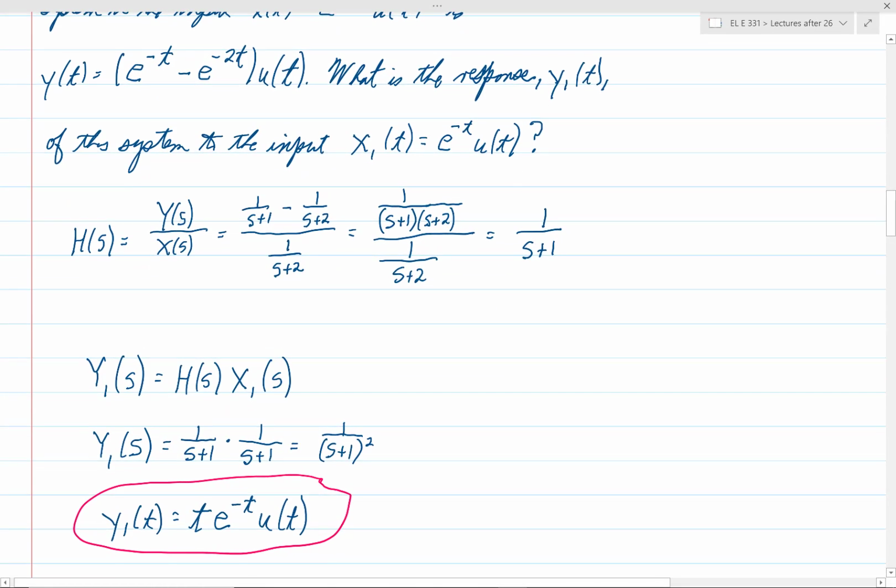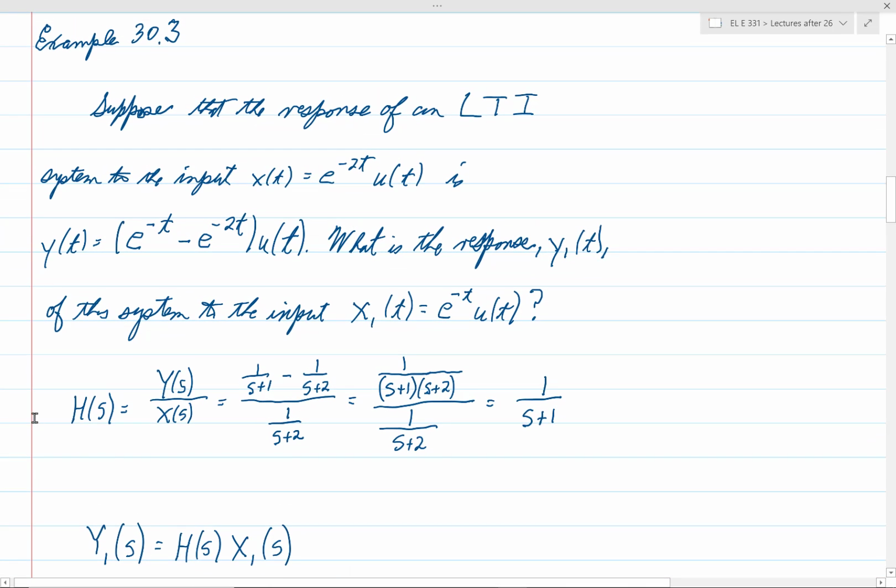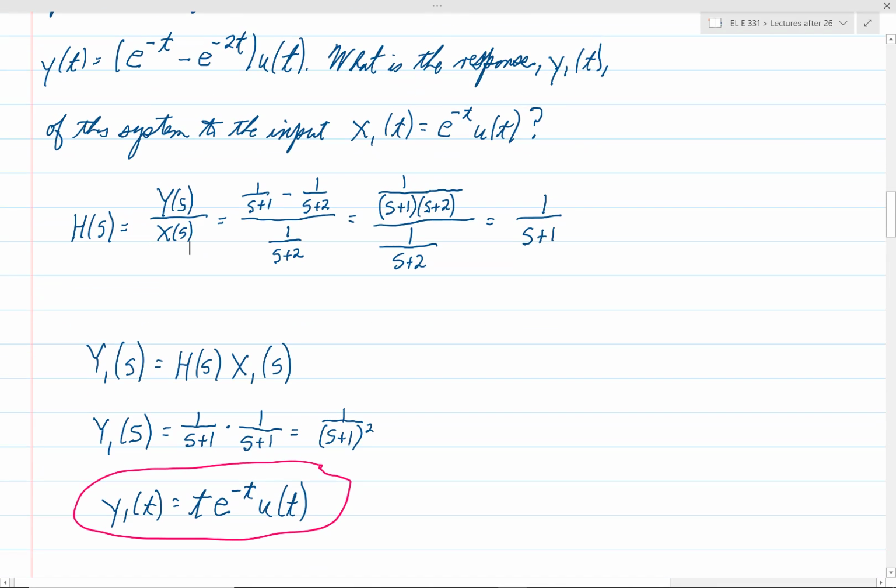Now to find the response to x1 of t equals e to the minus t u of t, well, we just take that H of s that we just found, which is 1 over s plus 1, and multiply it by the Laplace transform of this new input, which is e to the minus t u of t. The Laplace transform of that is 1 over s plus 1.